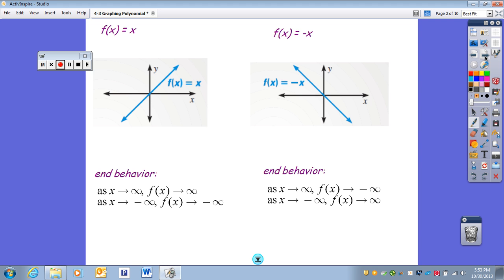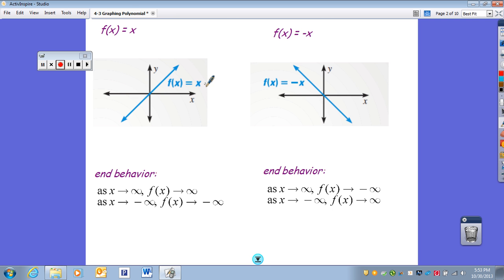So we'll start with our function of a line. The first function that we'll talk about is our line that has a positive slope, and this function is our parent function. Notice that it's passing through the origin and again has a positive 1 slope.